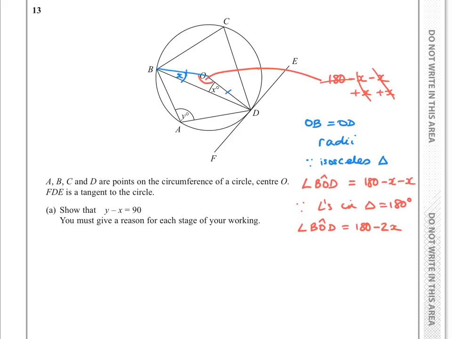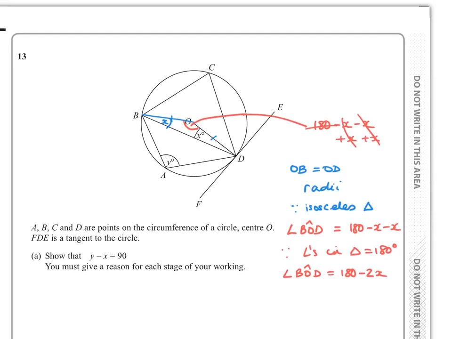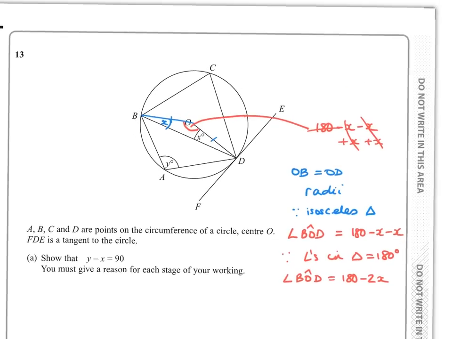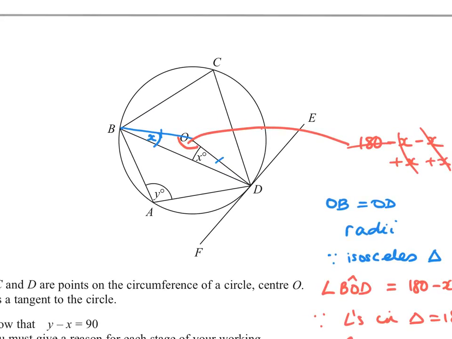Now if that's the case, if we look at the diagram in a bit more detail, then we should be able to see that this top angle here, angle BCD, well, that should be what? Well, angle at centre is twice angle at the circumference.